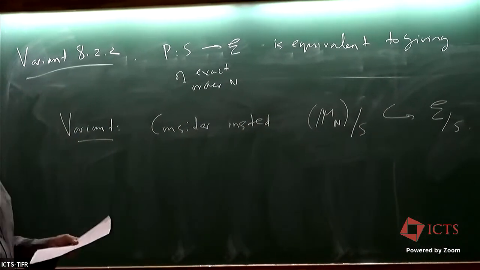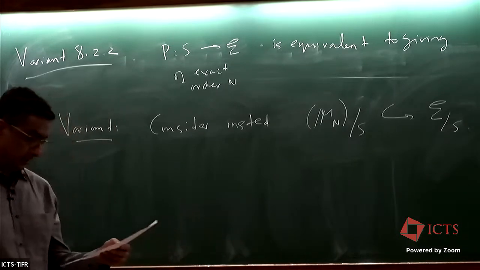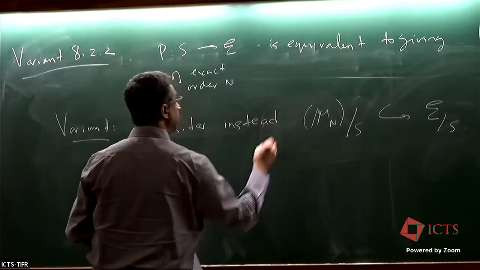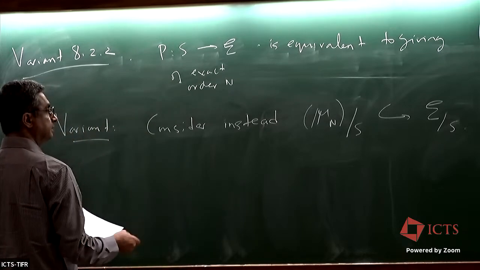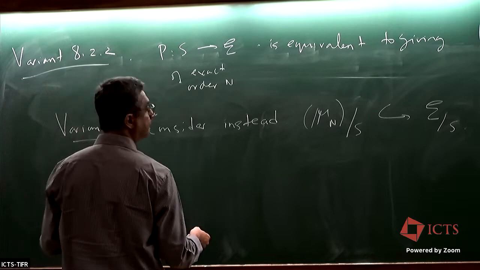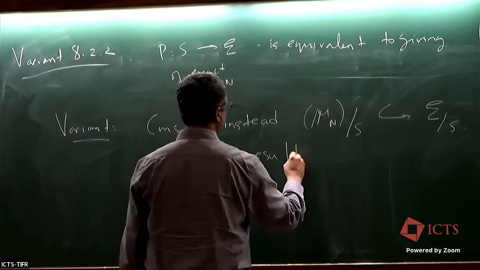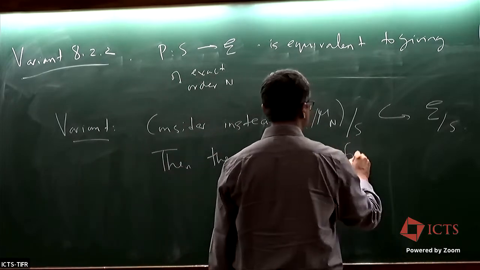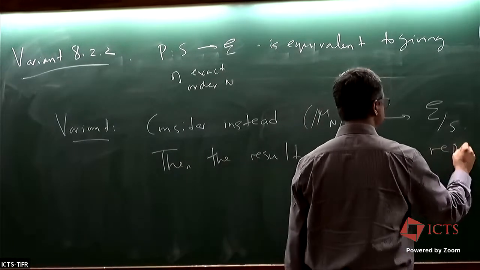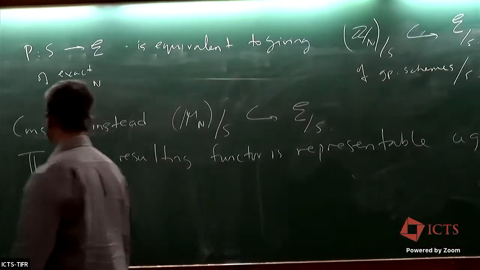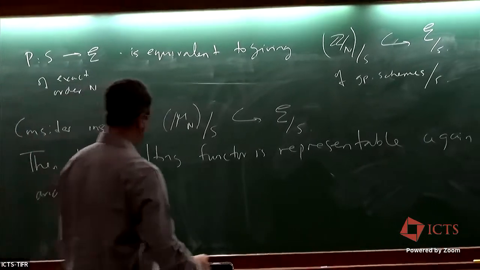So this also turns out to be representable, and it has the advantage, and for us not just apparent, we'll see how it's used, that this group scheme is defined over Z. Then the resulting functor is representable again, and even defined over Z. This is representable by the following scheme.